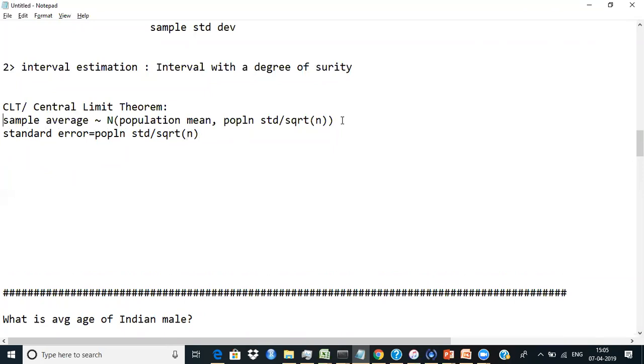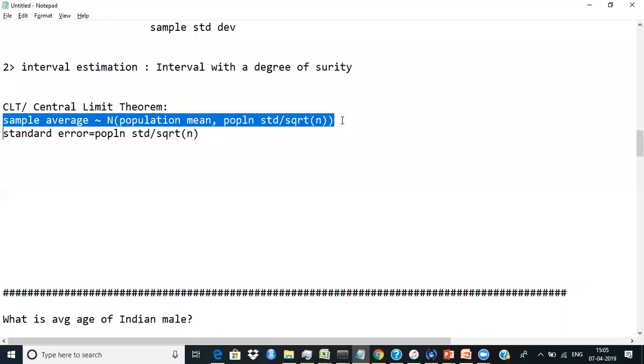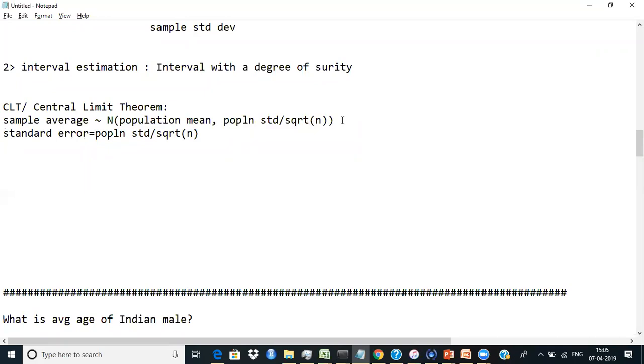Okay, so since I know this first line, now coming back to this, can I write this? Standard error is this.